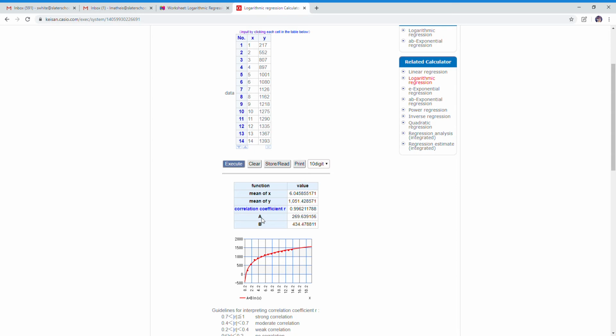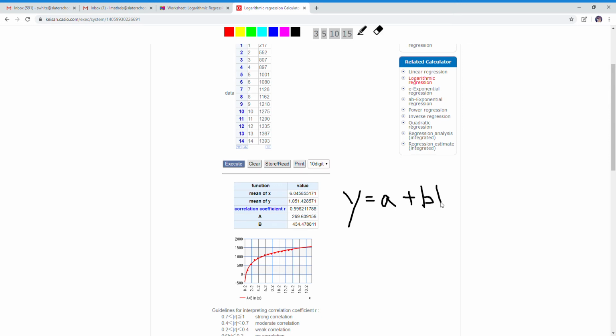Now, we also get a value of A of 269.6, or round up to 270, and a value of B of 434. If you recall, the equation for a logarithmic regression is y equals a plus b times the natural logarithm of x.